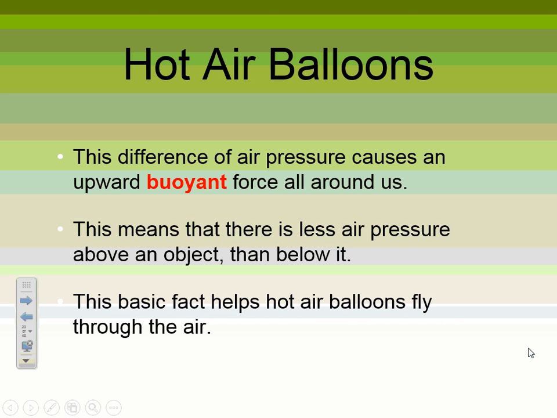So how does this relate to hot air balloons? The difference in air pressure can cause an upward movement or buoyant force. There tends to be less air pressure above an object than below it. Because of that, the hot air created inside of the balloon takes advantage of the lower air pressure above it to lift off the ground and start to fly.